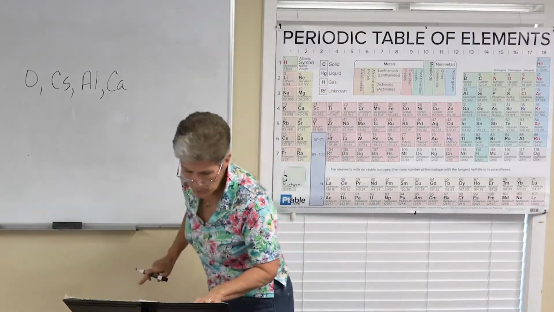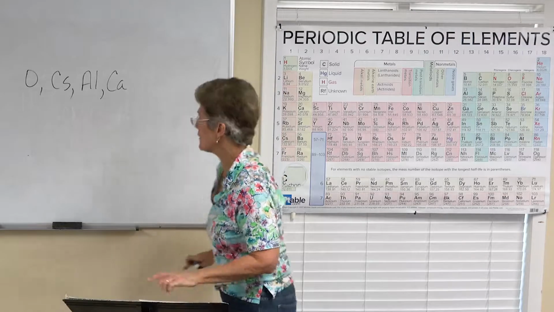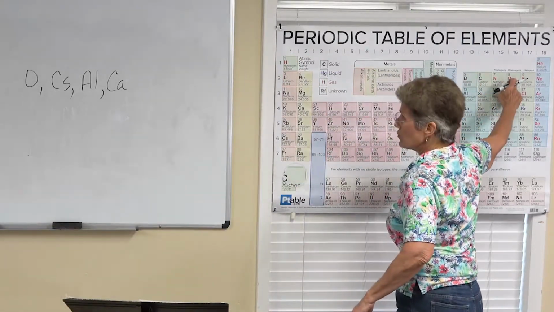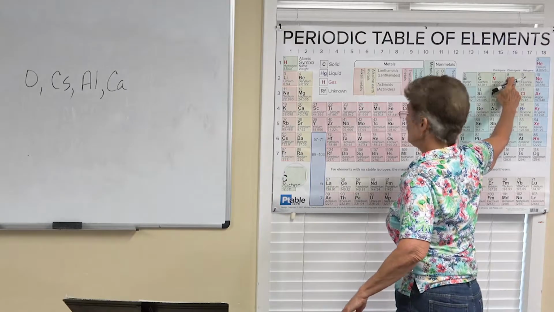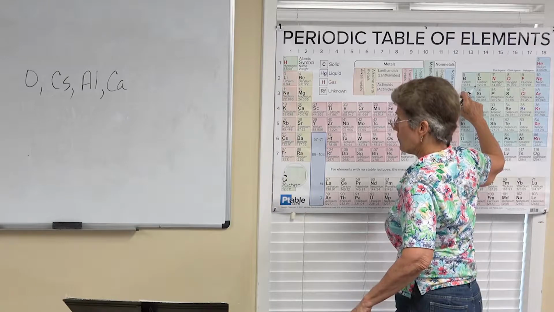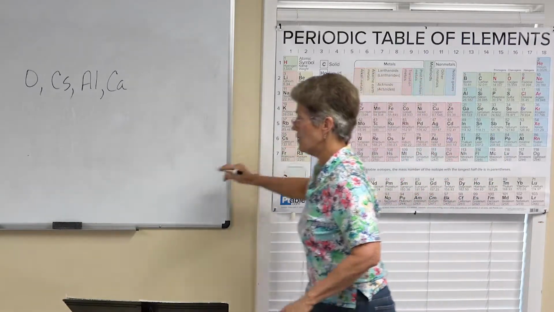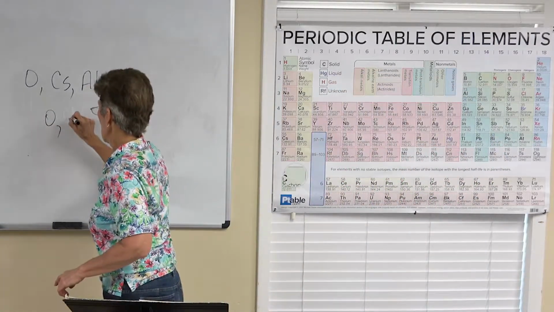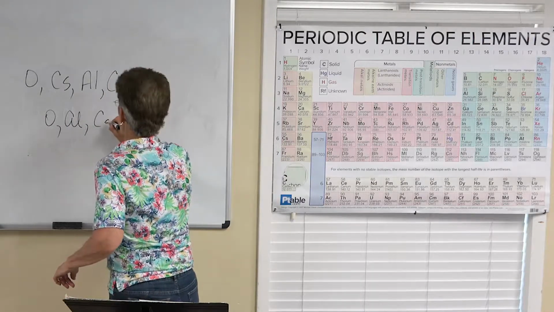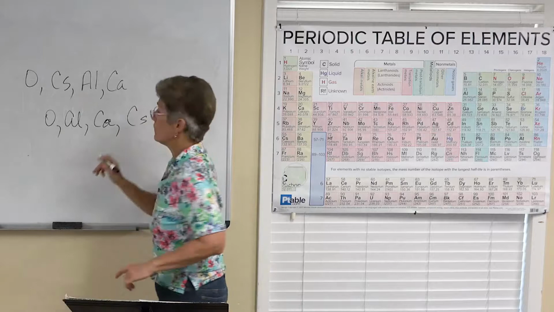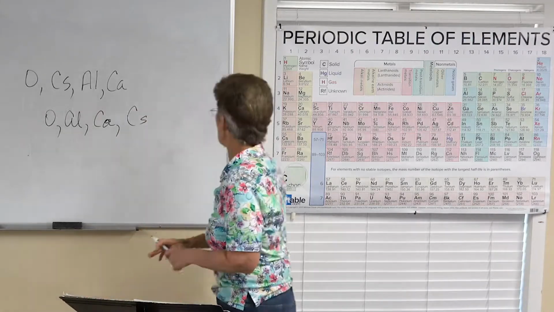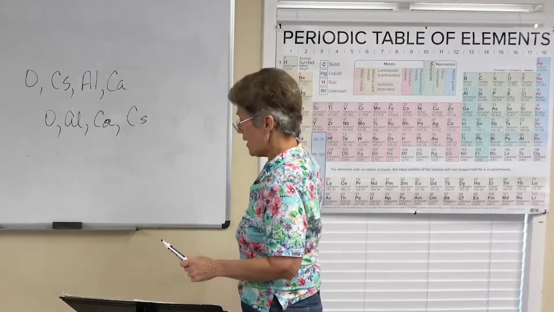And we are supposed to be putting these in increasing size. So the guy farthest over in this direction is oxygen, and then we have aluminum, and then we have calcium and cesium. So that would be ordering them in increasing size, because remember the size increases this way and this way.